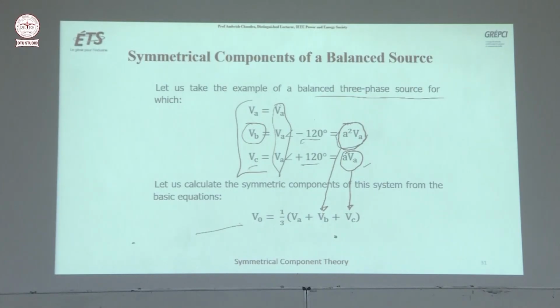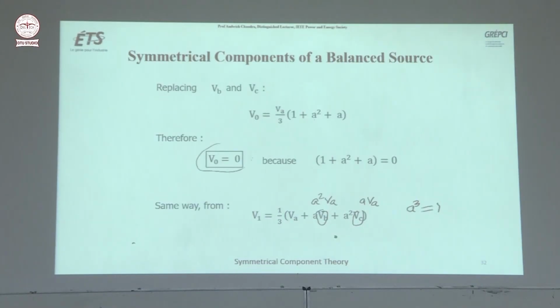So if you calculate V0, you put VB as A square VA and VC as A VA. What will happen? You take VA out and then you will have 1 plus A plus A square, which is equal to 0. So finally you can say V0 equal to 0.